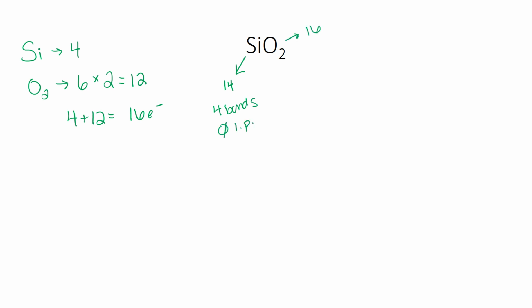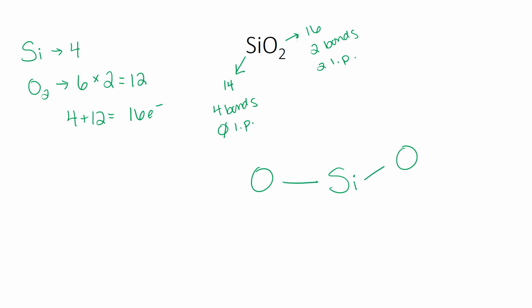Oxygen, group 16. 2 bonds, 2 lone pairs. And I'm just getting that from that little list I gave you. I'm just rewriting it for myself. All right, so in my picture, I'm allowed 1 silicon and 2 oxygen, that's it. So I'm just gonna draw 2 oxygen somewhere. 1, 2. Okay, so let's put our single bonds in.